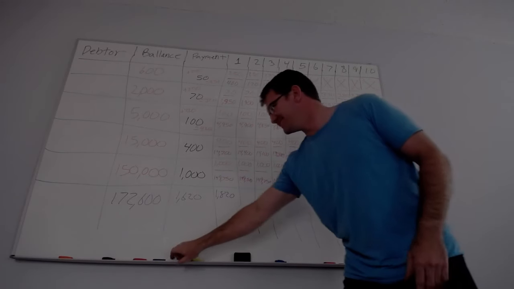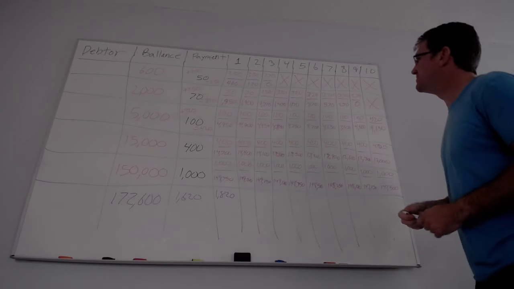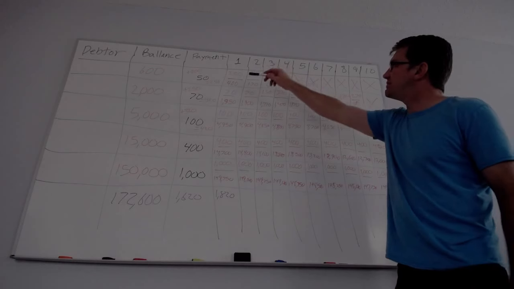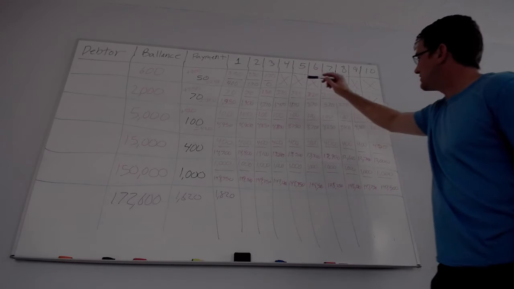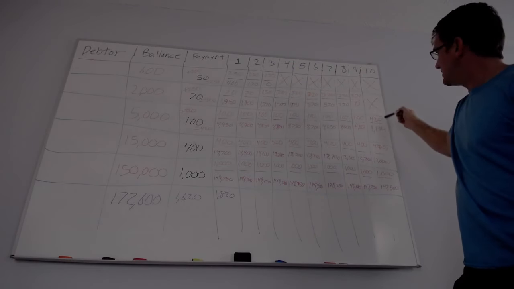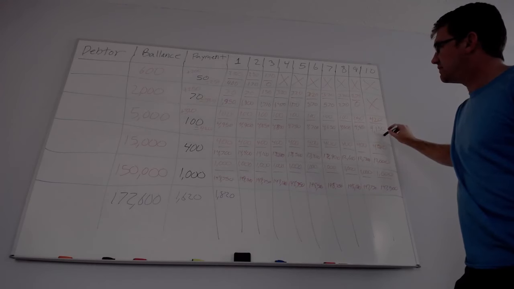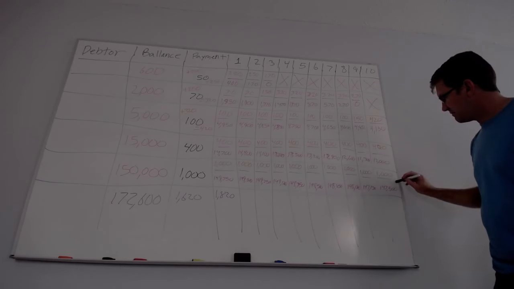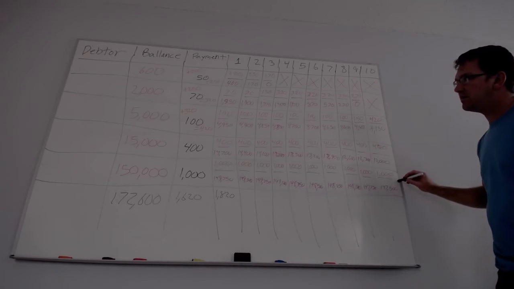Great. All right, but what we've also paid off is that first $600, that $2,000 already, and then this balance came down by almost $900. This balance came down by $3,000. This balance came down by $2,500.